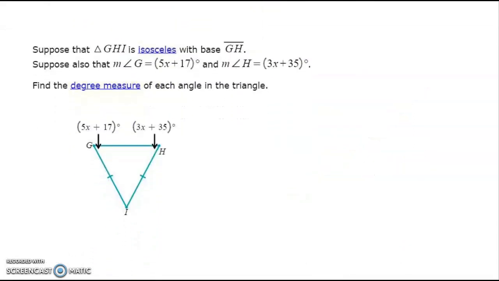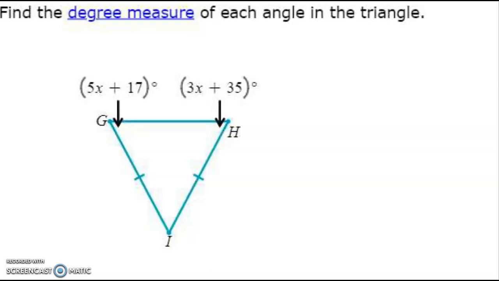So in a situation like this, we're getting close on time, so I'm just going to set this equation up, not solve it. Again, I have my two congruent legs. So these two base angles that I've got expressions for have to be congruent, so their measures are equal.